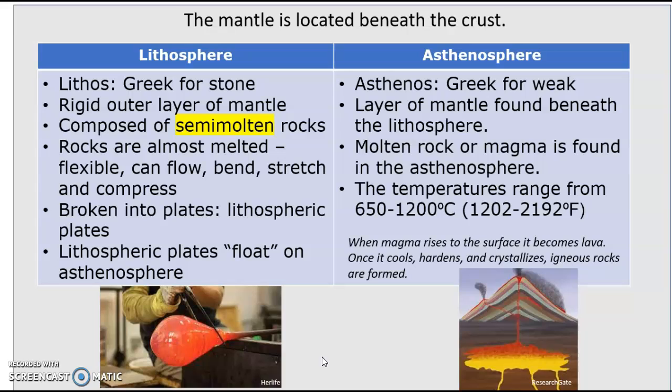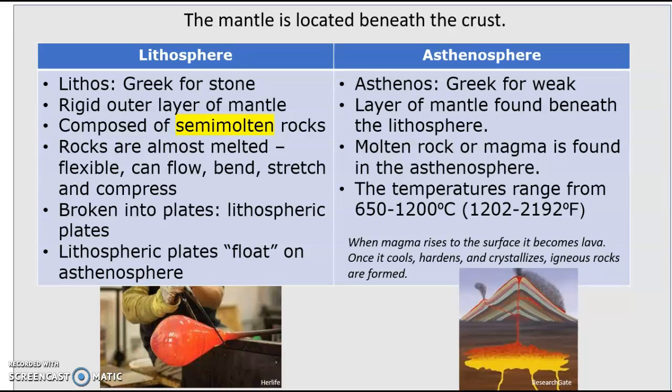It's broken up into lithospheric plates that float on the asthenosphere. So the asthenosphere is right underneath the lithosphere. Asthenos is Greek for weak, and it is composed of molten rocks or magma.